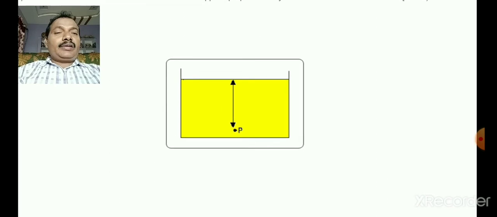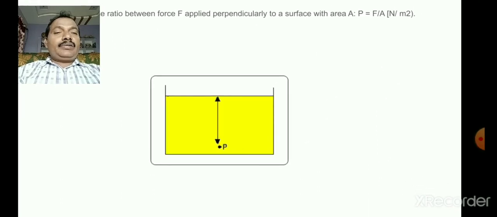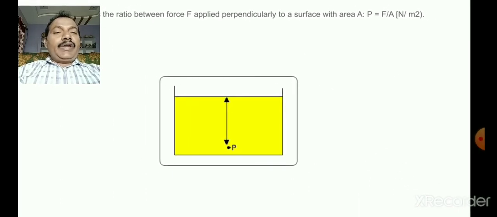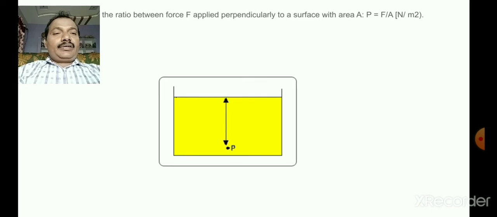So the pressure developed by the fluid at the point P on the surface is given by P equals F by A. Force is measured in newtons and the area in square meters, so newton per square meter is the unit for pressure.